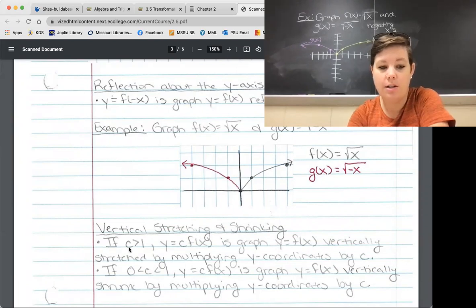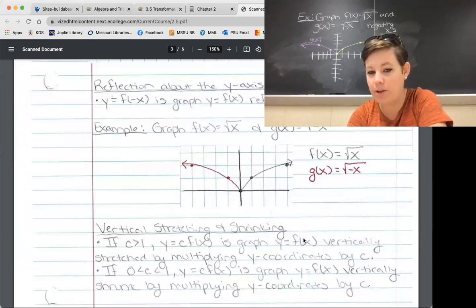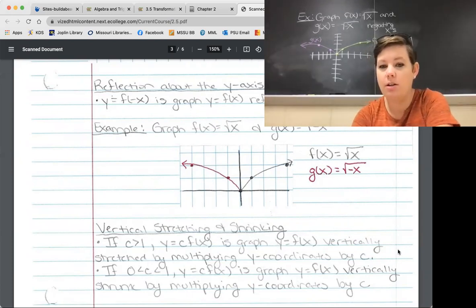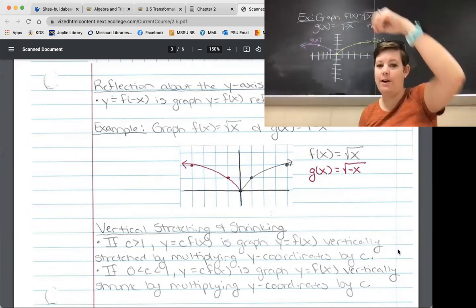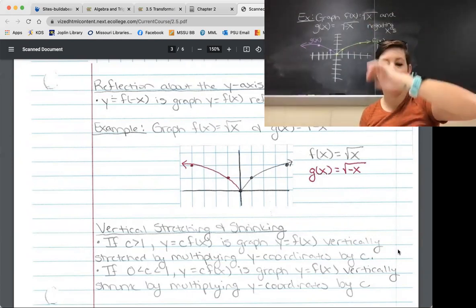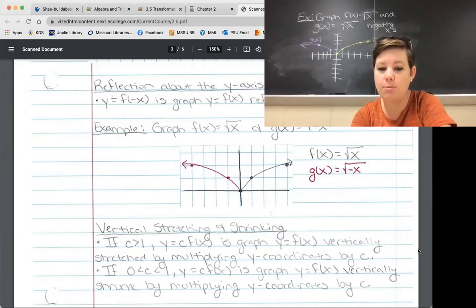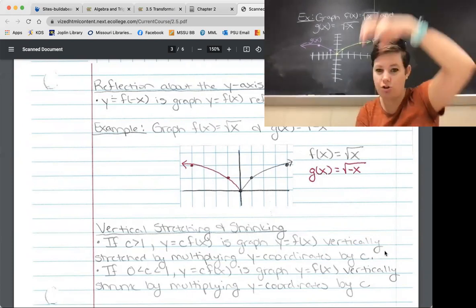So if our constant, or our c, is greater than 1, then y equals c times our function is the graph of y equals f of x vertically stretched by multiplying the y coordinates by c. So when you are stretching and shrinking vertically, you're changing your y values. And so you're taking your y values from your original, multiplying all of them by c and stretching them this way.